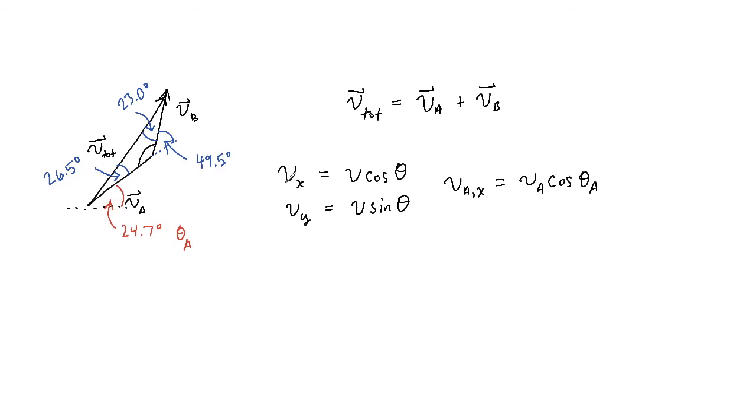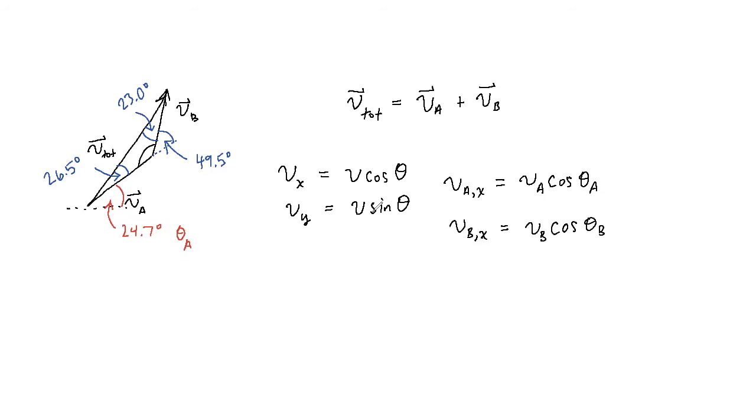Okay. And then we can do the same thing for vector B. The x component of that is going to be V_B times the cosine of theta B.